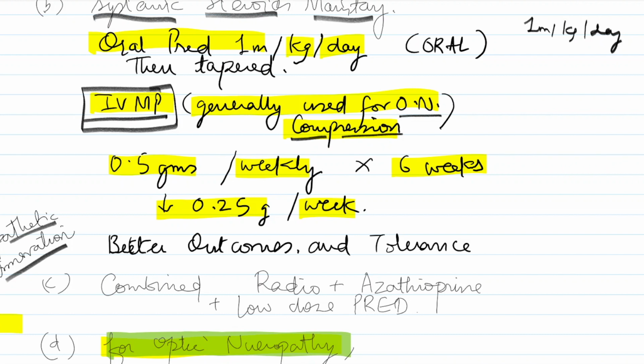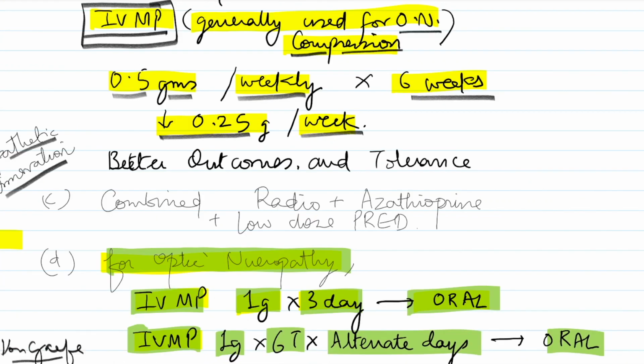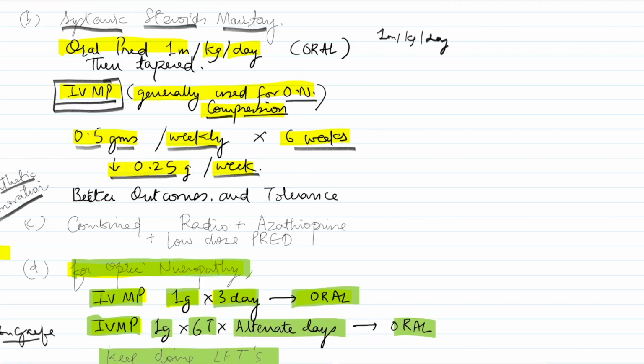That would be the biggest indication for steroids actually, because you need to save the patient's vision at all cost. Then you go for 0.5 grams weekly for 6 weeks, or it can be decreased to 0.25 grams weekly, which has better outcomes and tolerance. So this was about systemic steroids.